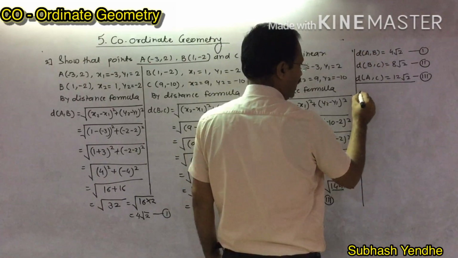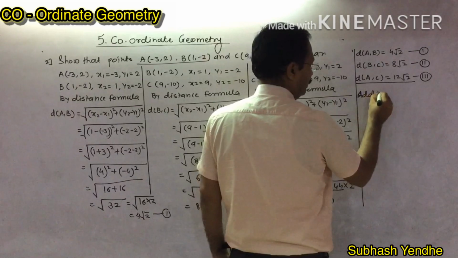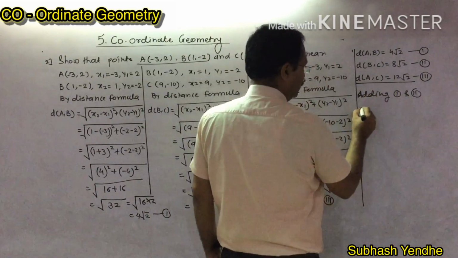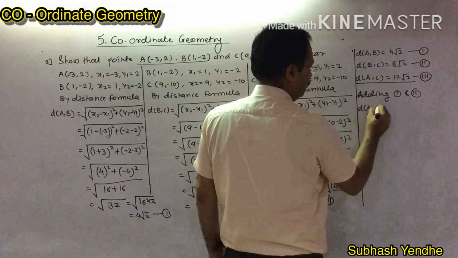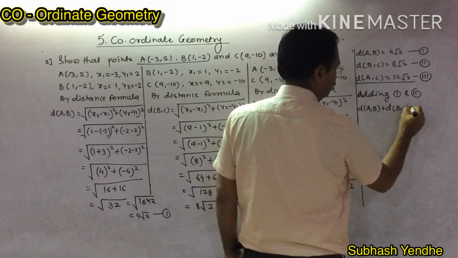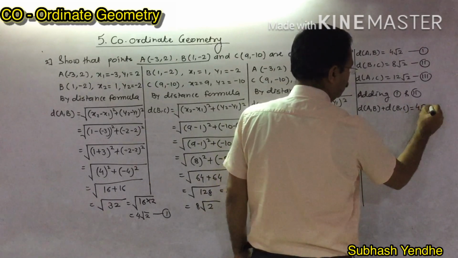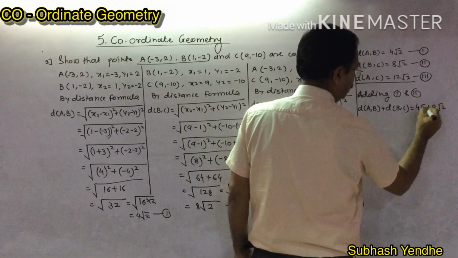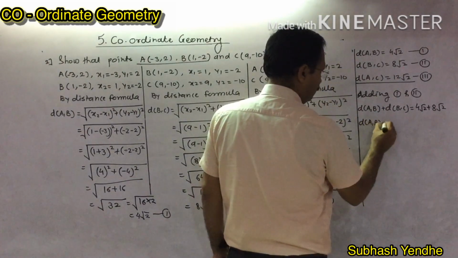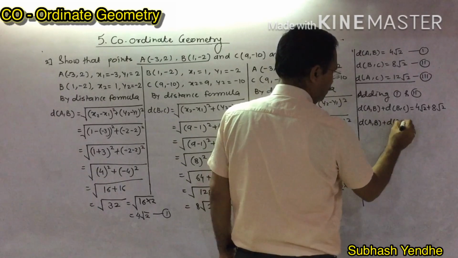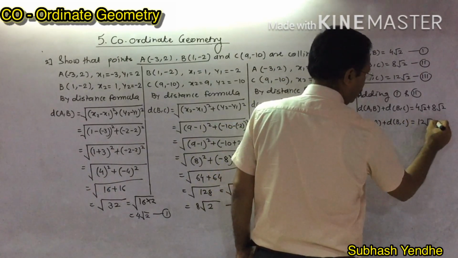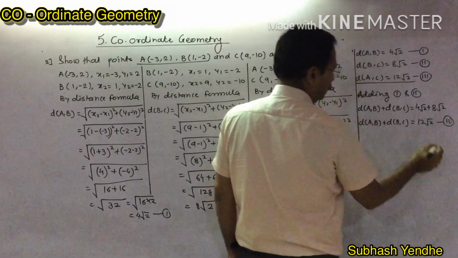So adding 1 and 2, you will get distance AB plus distance BC equals 4 root 2 plus 8 root 2. So your answer will be distance AB plus distance BC equals 12 root 2. Give the number 4 to this one.